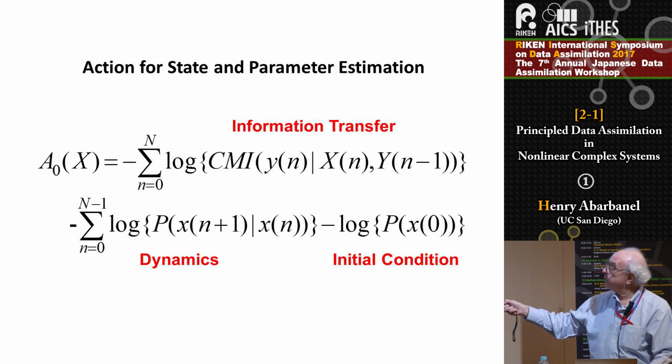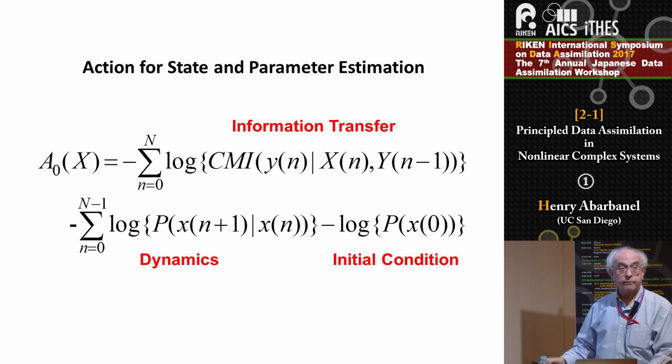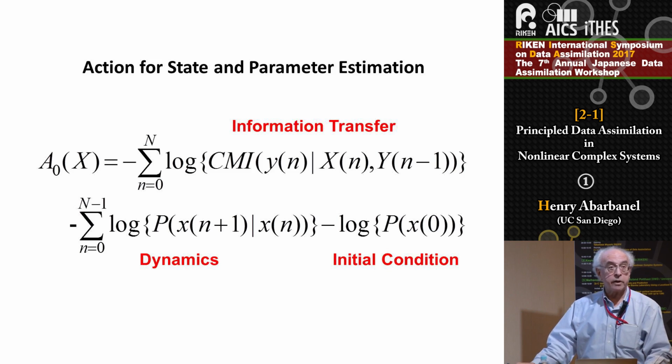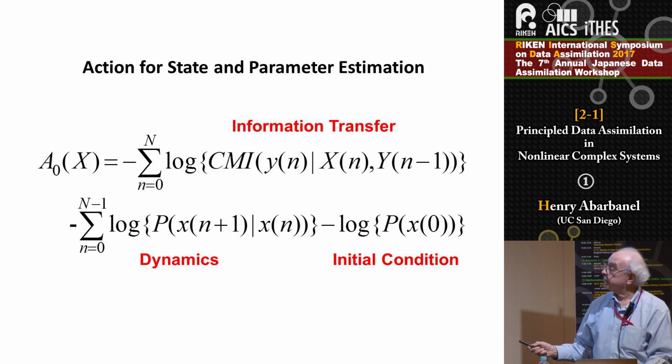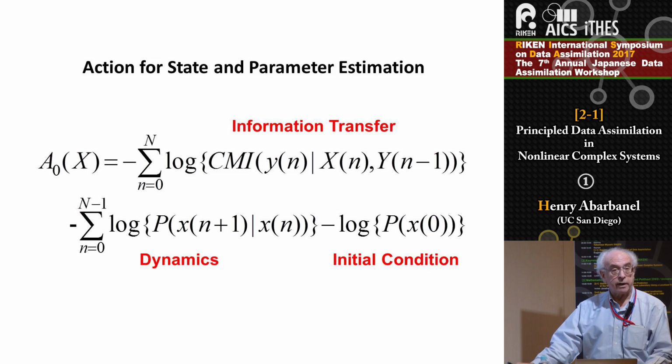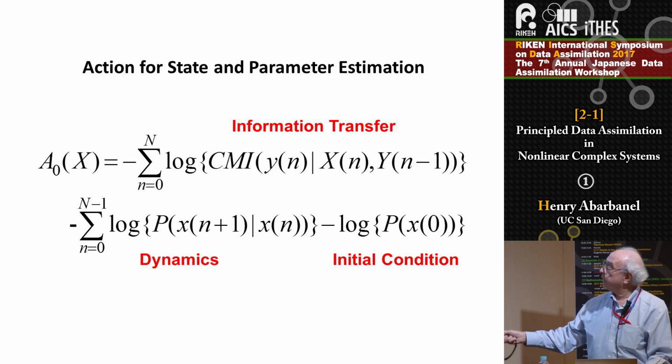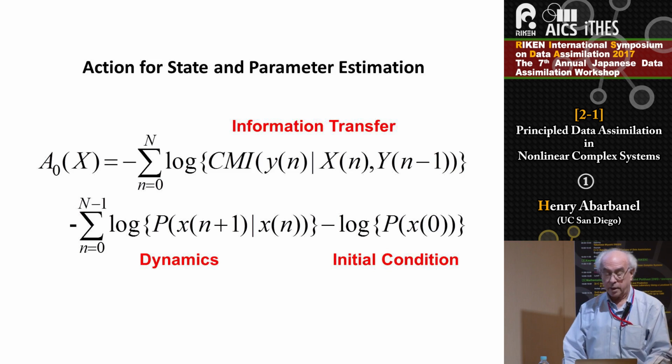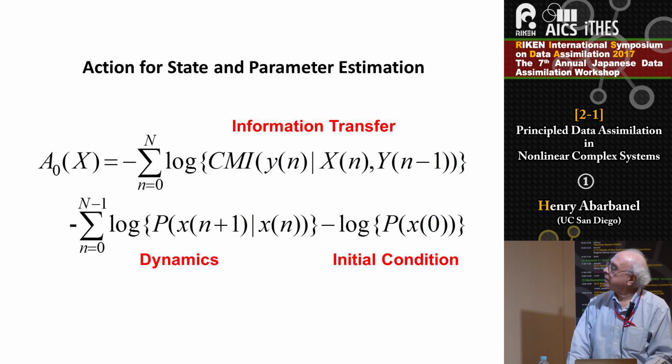It's common to ignore this, but that can play a very significant role, and ignoring it is mathematically wrong and can be numerically very misleading. This is the dynamics. It's your choice how you represent the error in the model. And finally, there's the initial condition, which is sitting there to be considered.